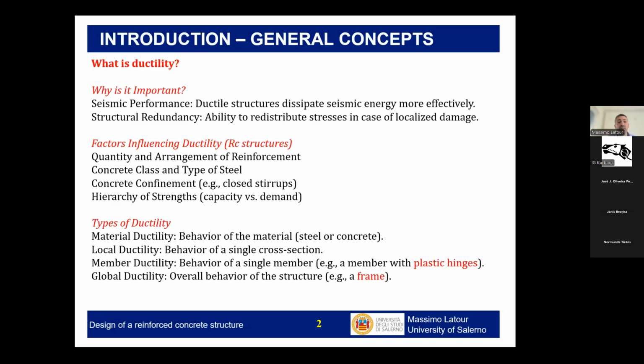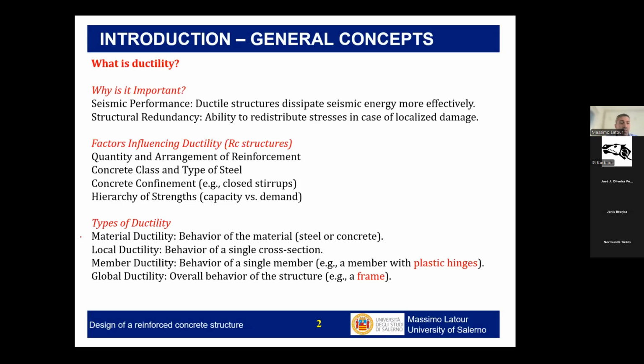We will see it is very important to perform a very clever design of the stirrups with regard to shear. We will always deal with concepts related to hierarchical design, as highlighted in this slide.